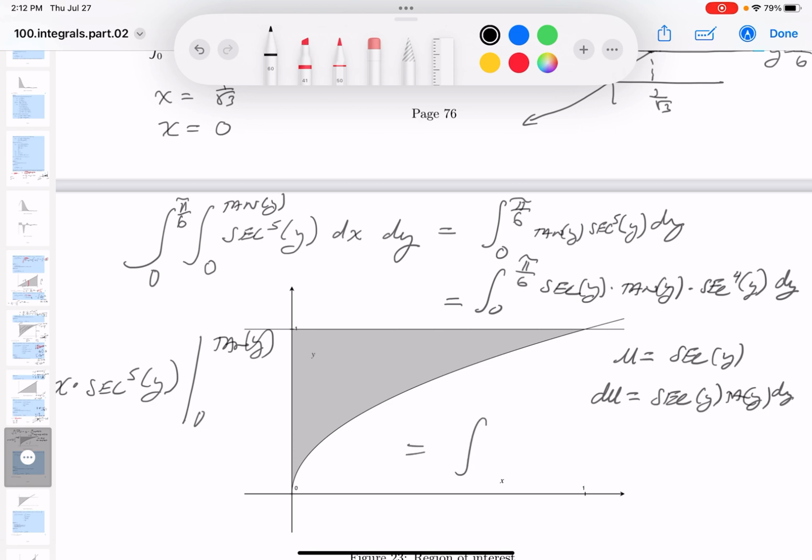Well, let's pop it in. The secant of 0 is 1. And the secant of pi over 6 is really 1 over the cosine of pi over 6.